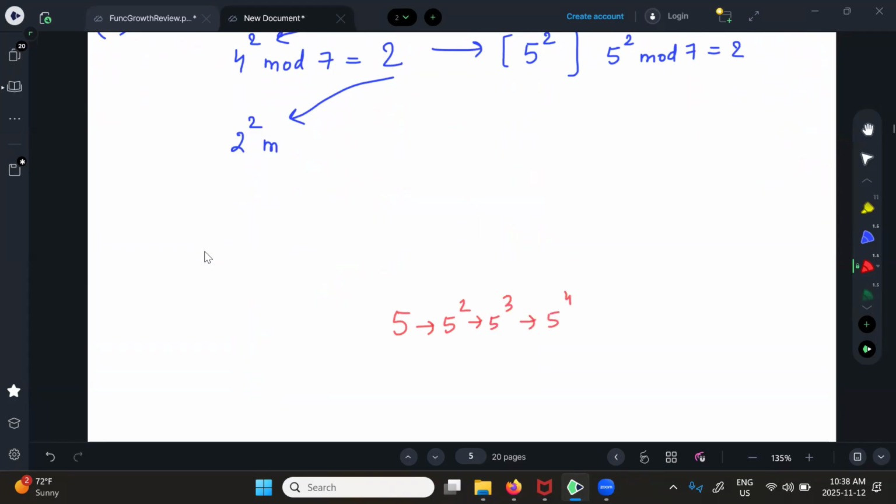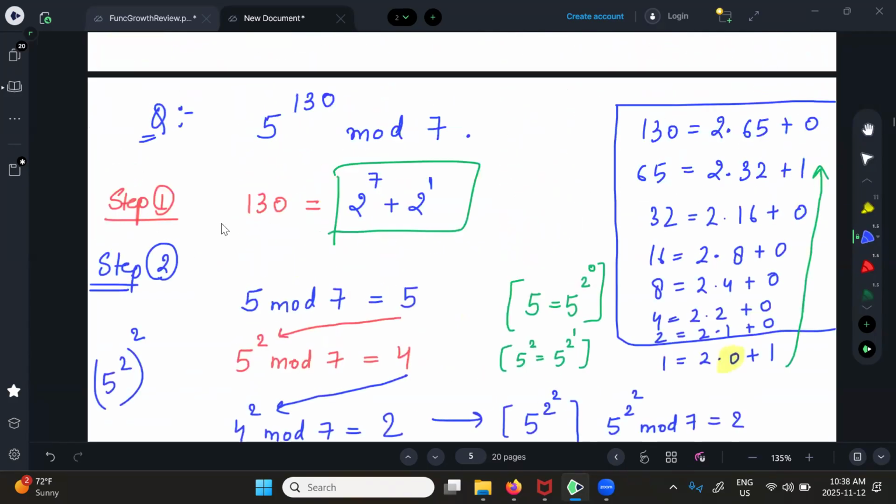5 to the power of 3 mod 7 is 6. No, this is not what we're doing. Okay, we are doing 5 squared, 5 squared squared, then 5 squared squared squared. We are doing fast squaring.